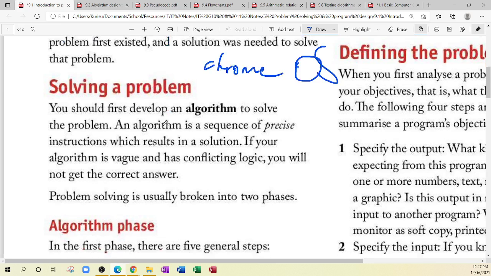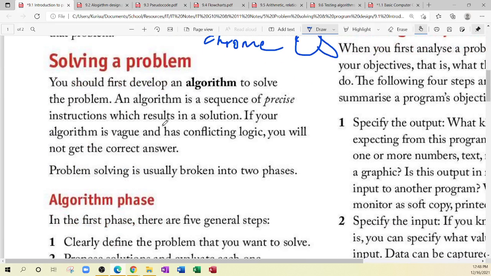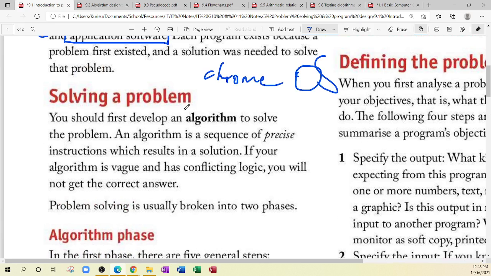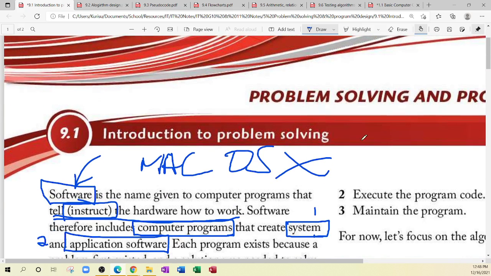Great. Thank you. So we're going to take it piece by piece. We're not going to rush through. So remember we started off with if you're going to develop a program, if you're going to develop some sort of solution, think of the word solution. If you're going to develop a program, that's like if you're creating a solution to the problem.